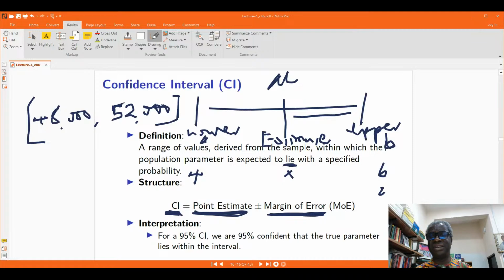So that is how the 95% confidence interval is interpreted.